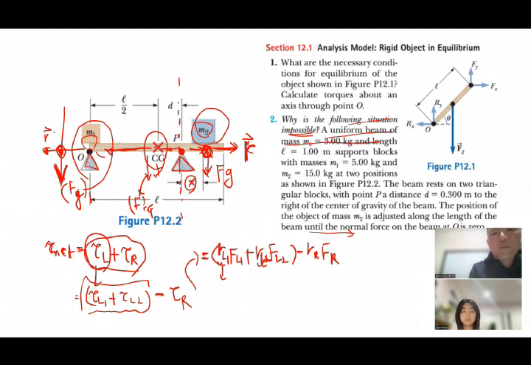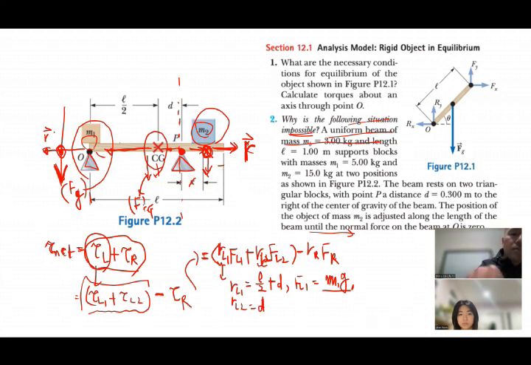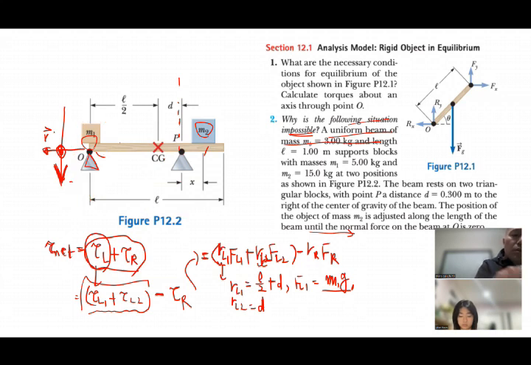Here R_L1 and R_L2 are basically the distances from the rotational center P. R_L1 is L over 2 plus D, and F_L1 should be the weight of the mass M1. R_L2 should be D. Let me clear this up and show you the variables.